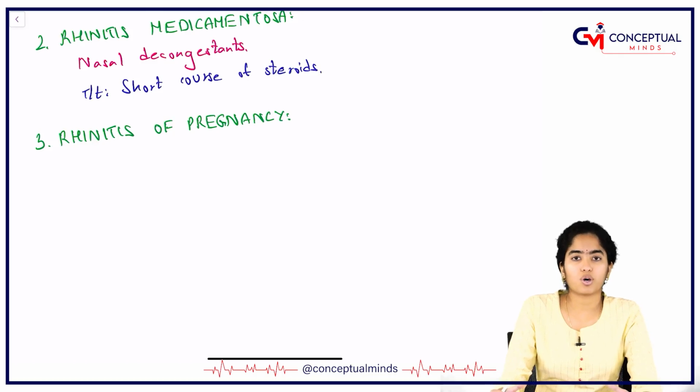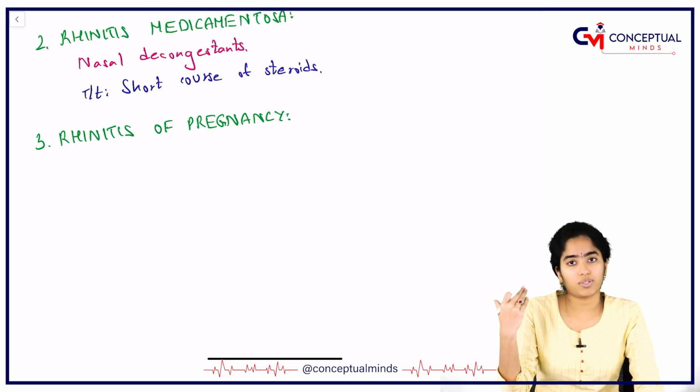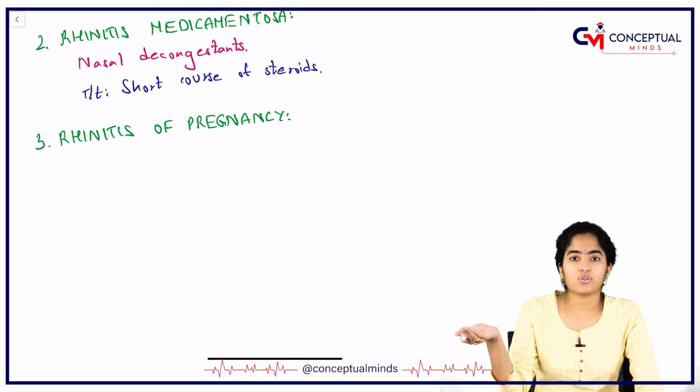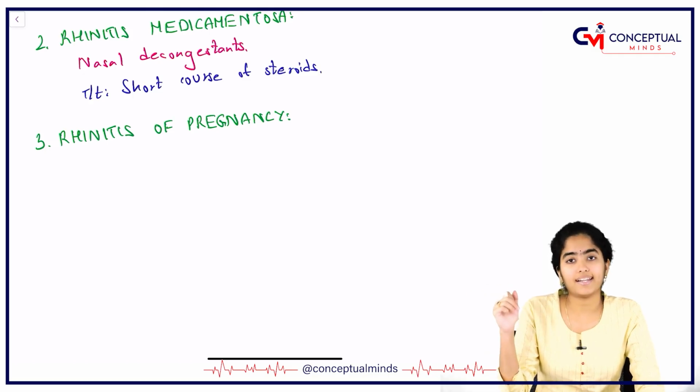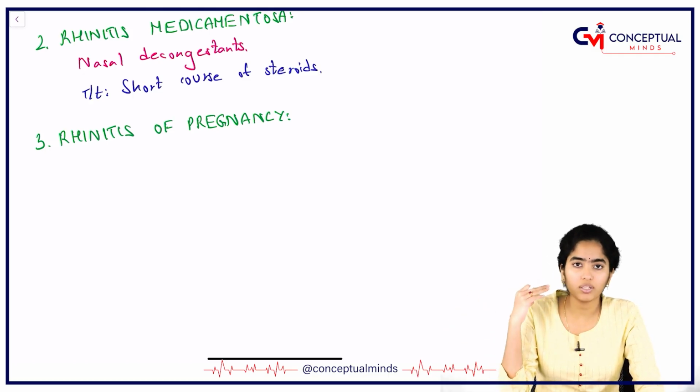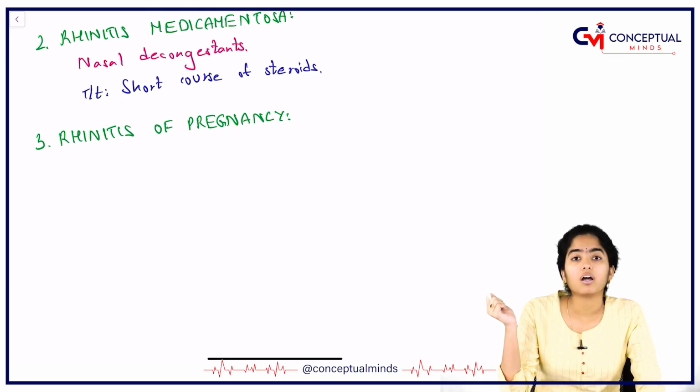Because of all these hormonal changes, certain women develop persistent rhinitis throughout the pregnancy period. Their nasal mucosa becomes edematous, so much so that it can even cause nasal obstruction. And once nasal obstruction occurs, it can lead to secondary infections and even sinusitis. Proper infective rhinitis can later occur because of prolonged blockage of the nose.